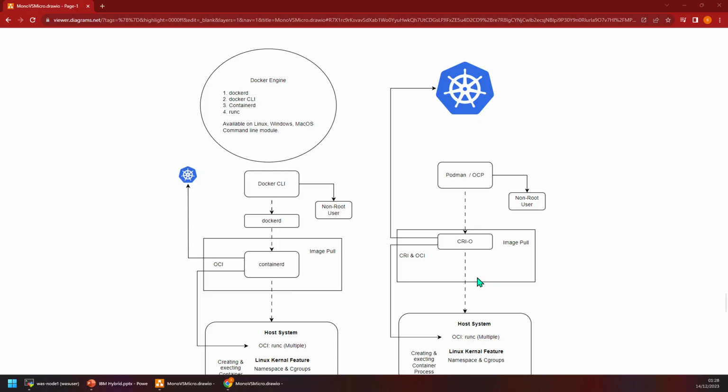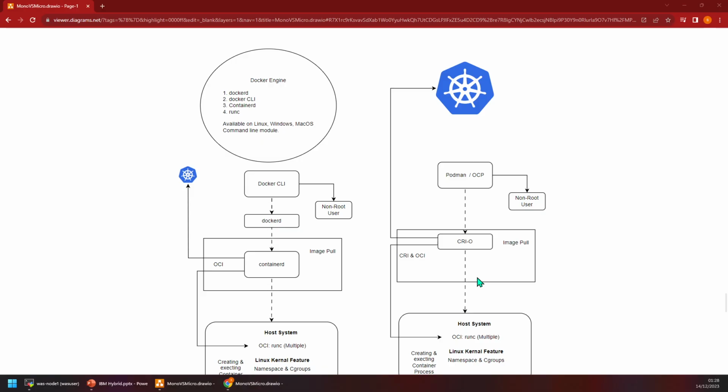When you talk about compatibility, CRI-O is OCI compatible, and you can work with any OCI container images, ensuring compatibility with a wide range of containerized applications.